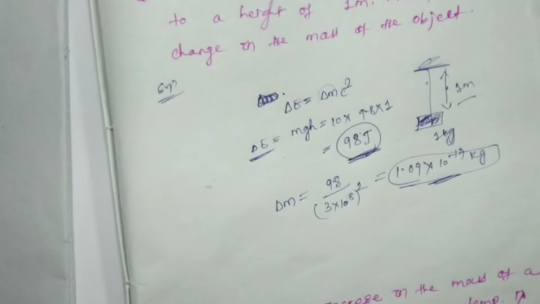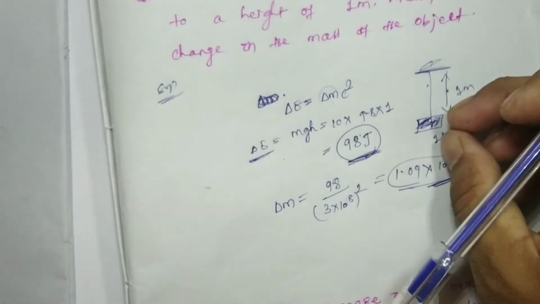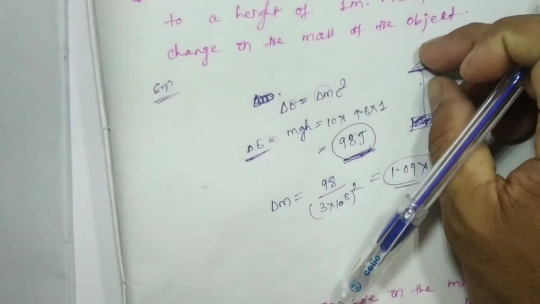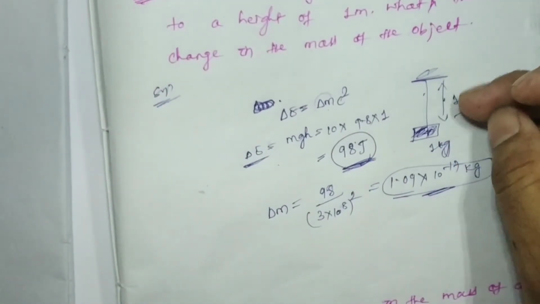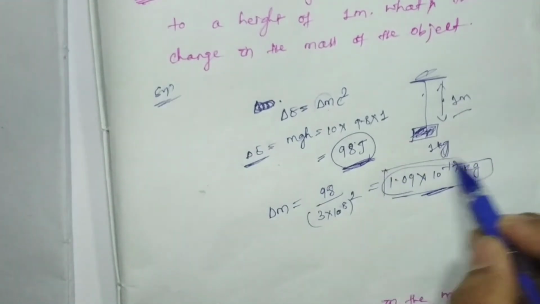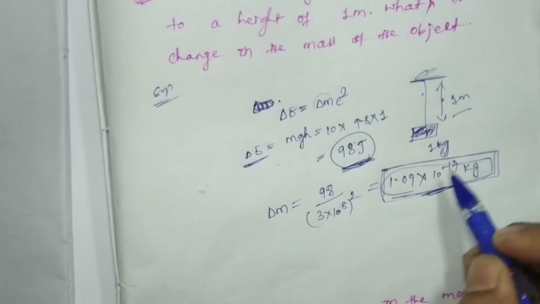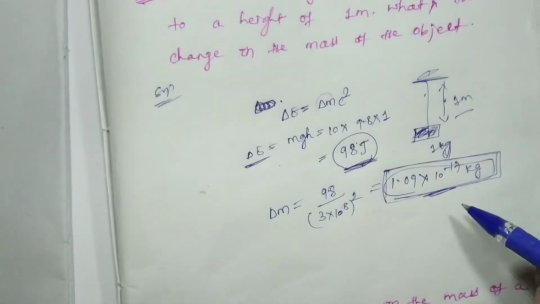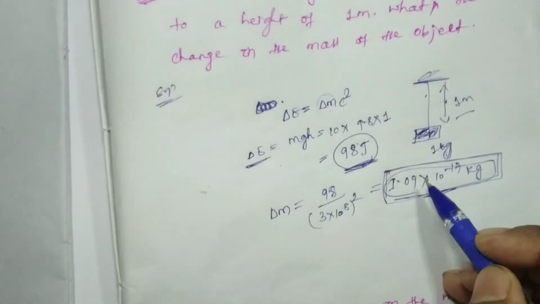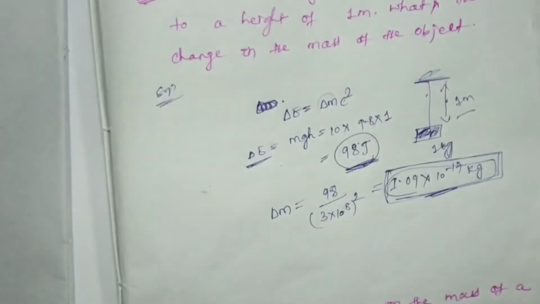As we just lifted a mass from here to here, we can say that it is Newtonian dynamics. In Newtonian dynamics, a significant change of mass, length or time is not expected. We can only expect the change of length, mass and time in relativistic mechanics.